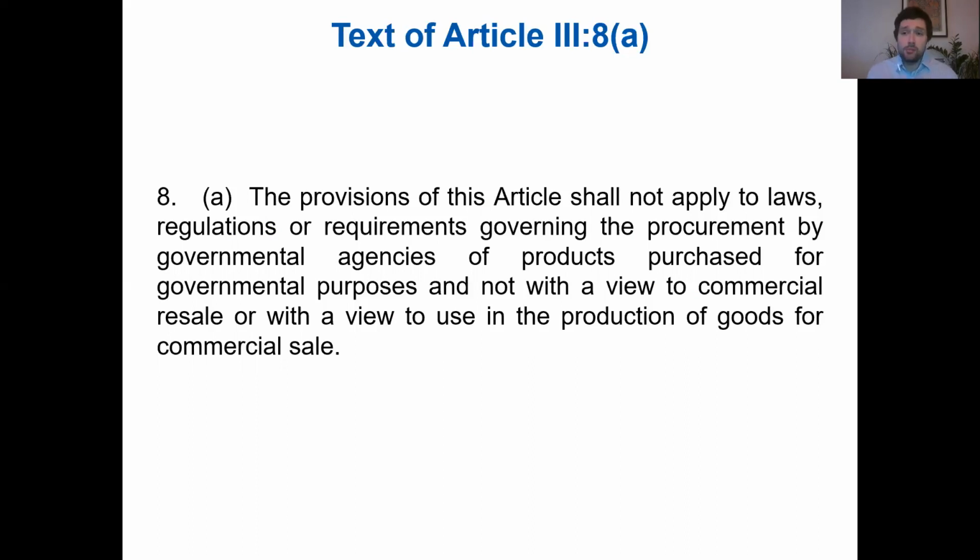It is extremely important to keep in mind this second half of the sentence, because it's not any purchase by any governmental agency that would fall within the scope of the exemption under Article 3.8a. It is specifically the purchases made for governmental purposes, not with a view to commercial resale or with a view to use in the production of goods for commercial resale.